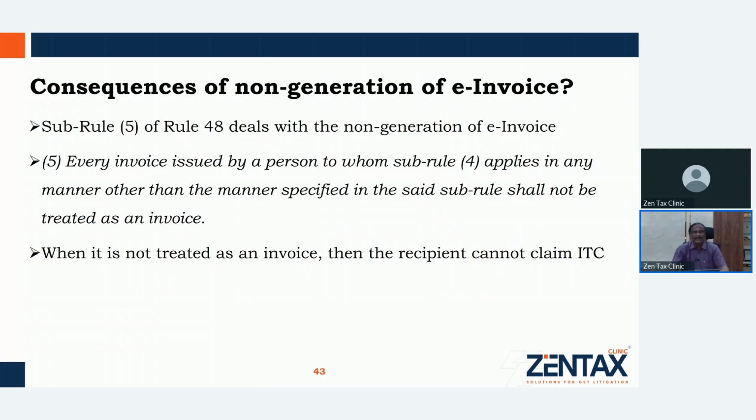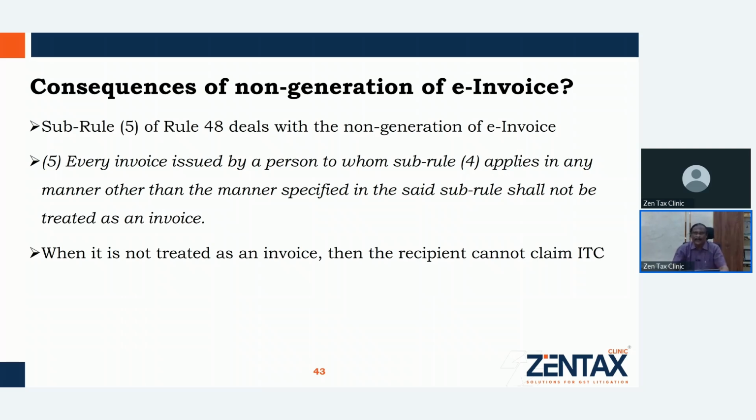What this sub-rule says: every invoice issued by a person to whom sub-rule 4 applies. Sub-rule 4 I have already shown; it is the sub-rule which specifies the class of persons notified who should issue invoices as per that. So that is the e-invoice provision. Every invoice issued by a person to whom sub-rule 4 applies in any manner other than the manner specified in the sub-rule shall not be treated as an invoice.